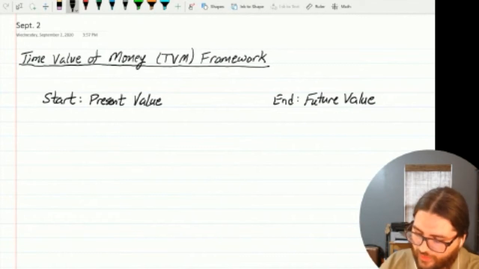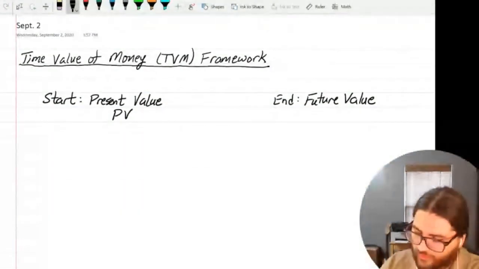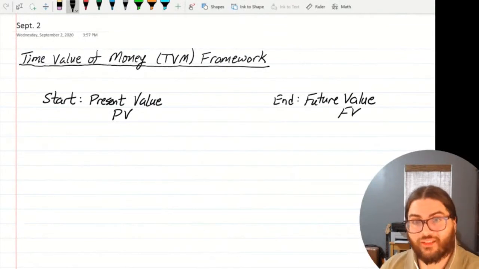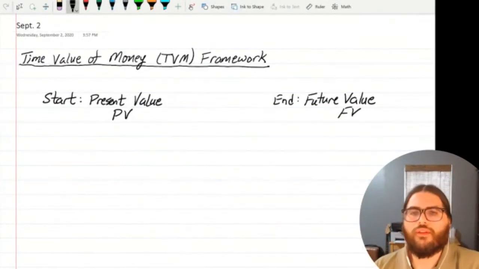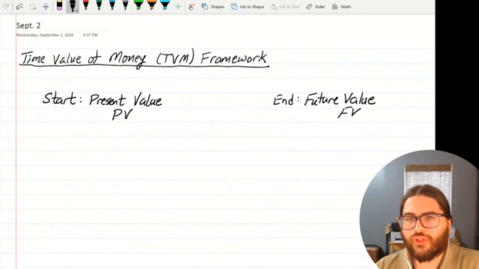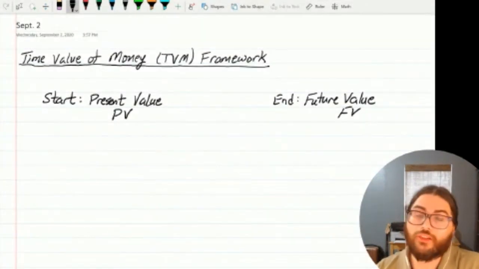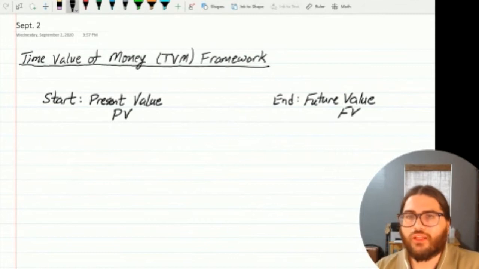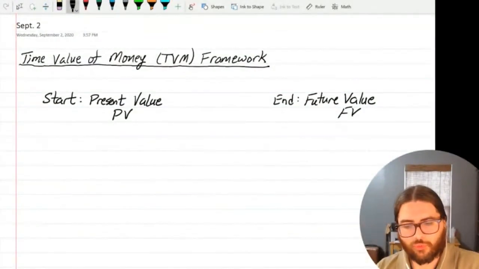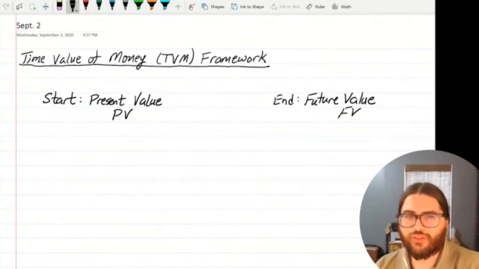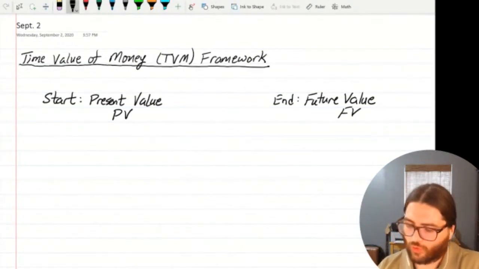The PV and the FV, present value, future value, or the ending value. The way that it grows in between depends on what kind of investment, what kind of bank account it is. Like I said, if you searched the internet for present value, you would find information about one specific kind of growth, but the time value of money framework applies to all kinds of growth.